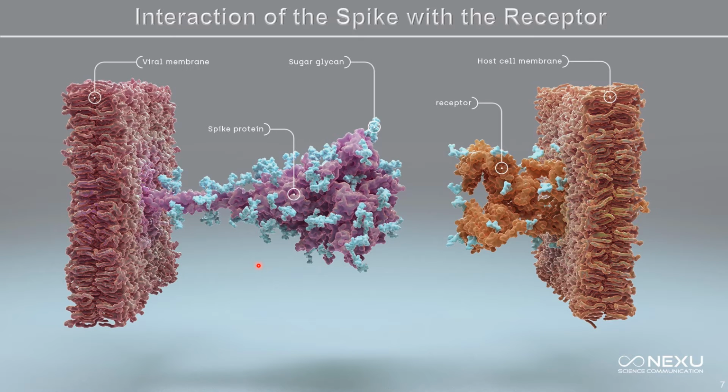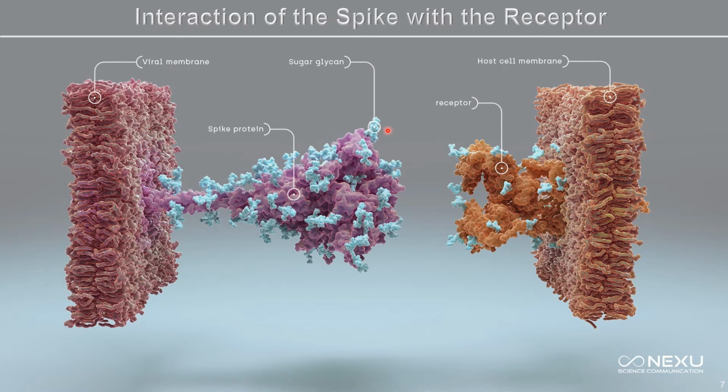So this interaction of the spike with the receptor governs host tropism, and it also governs which host the coronavirus is going to enter and infect. The spike protein has a glycan, a sugar glycan cap, which is present all throughout the protein.